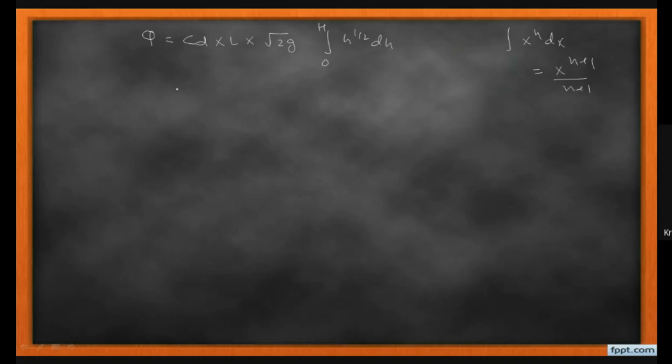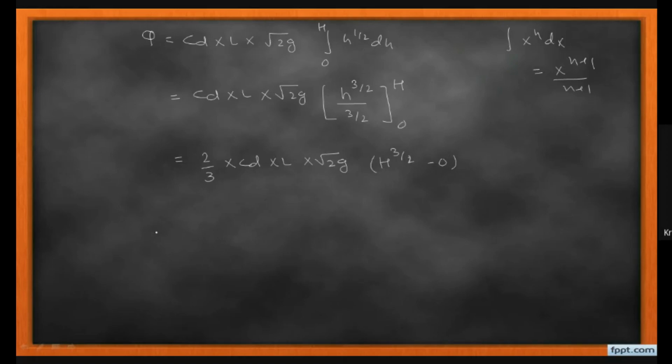So it becomes Cd into L into the square root of 2g into h to the power 3/2 divided by 3/2, evaluated from 0 to capital H. So it becomes 2/3 into Cd into L into the square root of 2g, and if we put in the value of H, it is H to the power 3/2 minus 0.